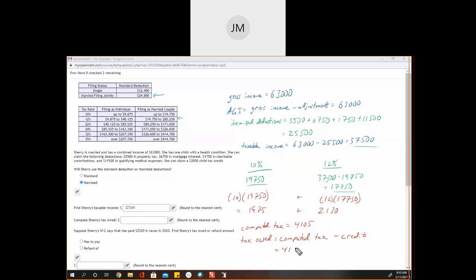So I have $4,105, and I take away the $2,000 that we have as a child tax credit. So I get 2,105. That's how much tax they're responsible for the whole year.